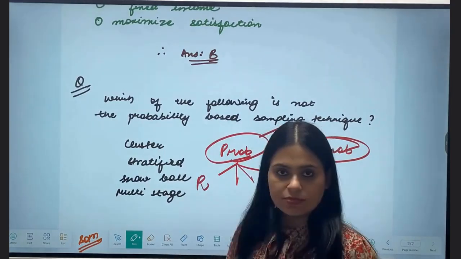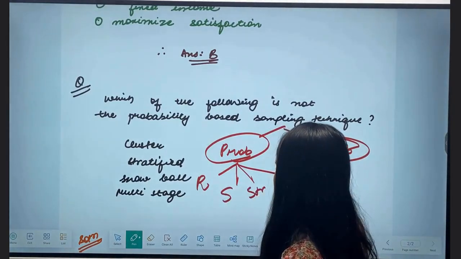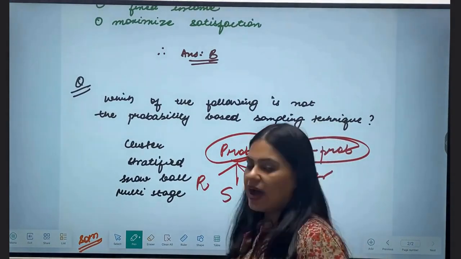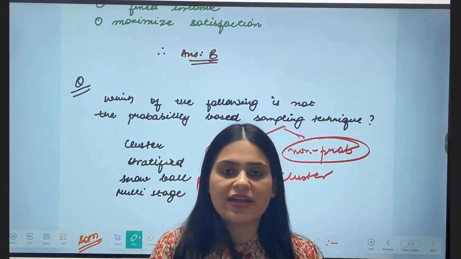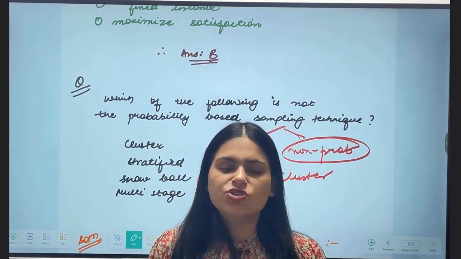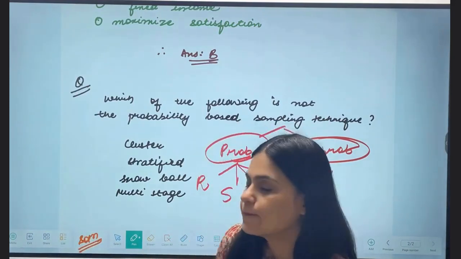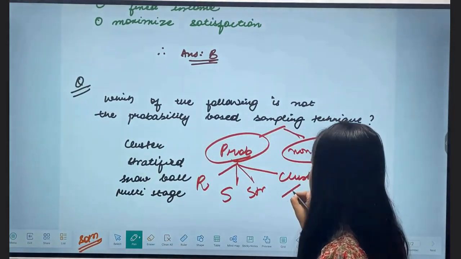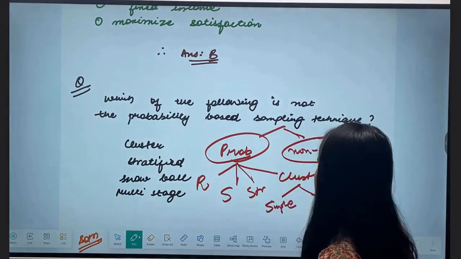Simple random, systematic, stratified and cluster, right beta? I think there is a lecture present on these techniques that I have recorded on our YouTube channel only. Yes, try to see that lecture beta. In it I have explained all these sampling techniques. And within cluster there are 2, which is single stage and multi-stage.